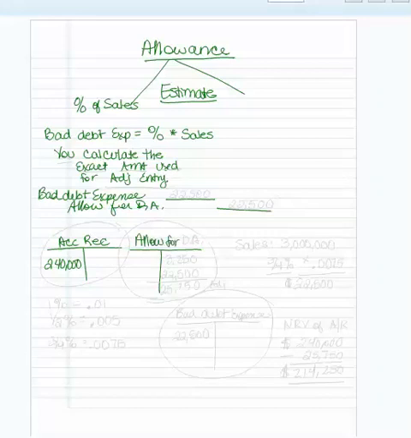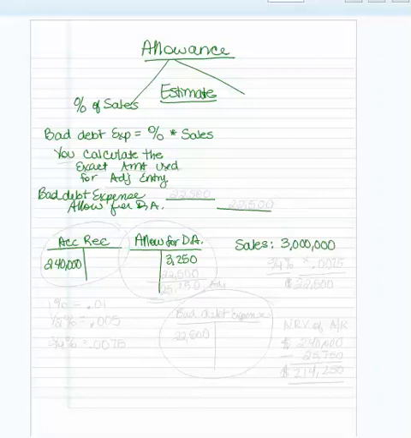Okay, the balance for allowance for doubtful accounts is what? $3,250, and that's a credit balance. So this is at the end of the year before adjustments are made. You have a balance of $3,250, and total credit sales are what? $3 million.